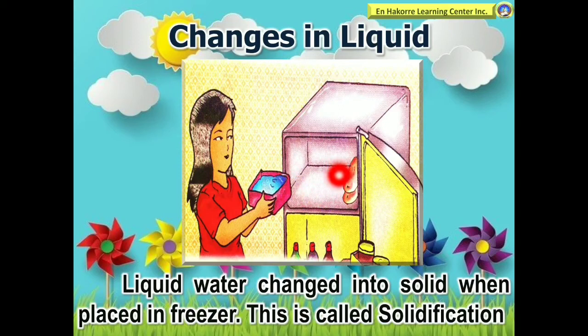Cooling changes liquid water into solid form. So when you cool the liquid and put it inside the freezer, which is super cold, then what will happen? The liquid will become ice. So this water will become ice, and ice is an example of solid. That is why it is called solidification.